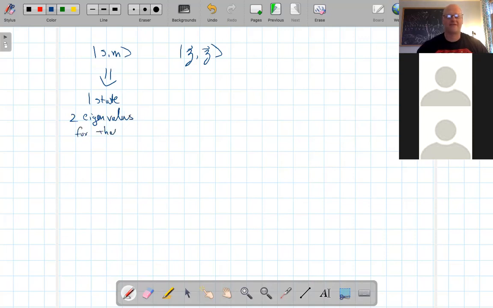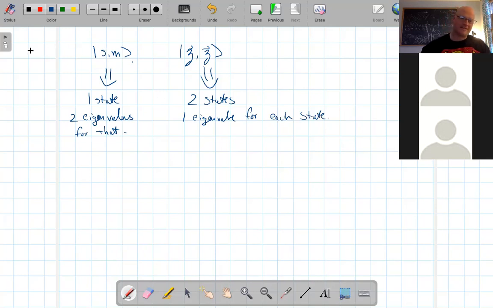This thing lives in one Hilbert space, so it's the same state in the same Hilbert space, where you're just specifying it by 2 eigenvalues instead of just 1. Whereas this one is now 2 states, which is described by basically 1 eigenvalue, technically 2, for each state. So again, this is 1 Hilbert space.